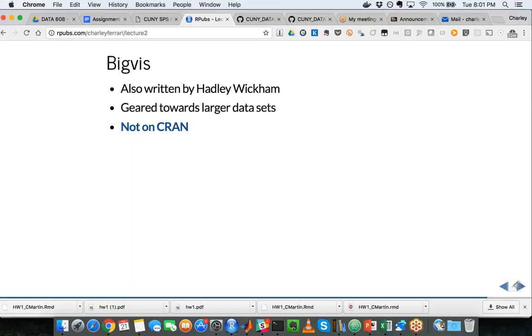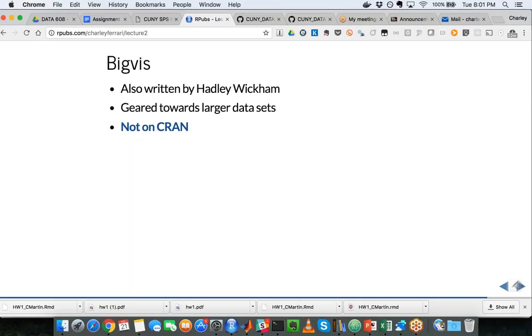Okay, definitely. So try to do this as soon as possible because it's easier than it has been, because with DevTools you used to have to go through a process to install that. So DevTools you should be able to just install using install.packages. And once you have DevTools, then BigViz is installed directly from GitHub.